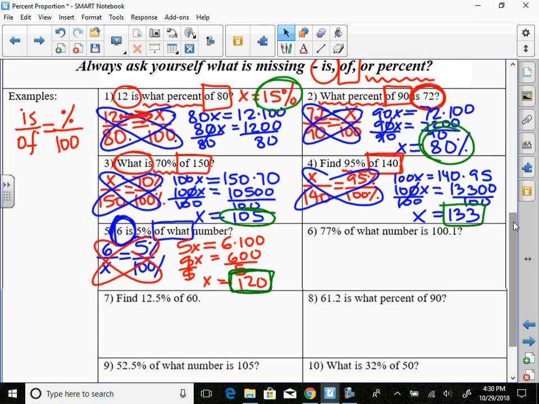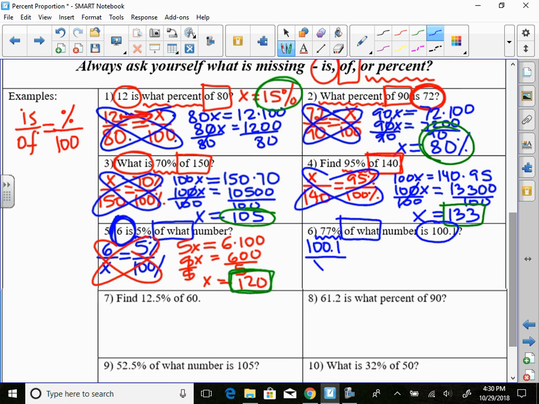77% of what number is 100.1? We have a percentage, of what is missing, and is is 100.1. Careful with those decimals so they don't get lost. We have our part, 100.1 over x, equals 77% over 100.